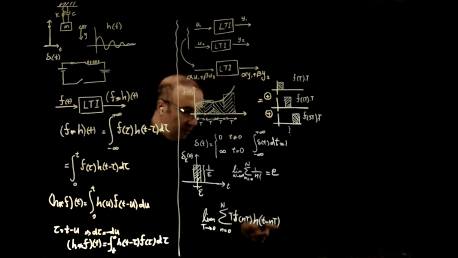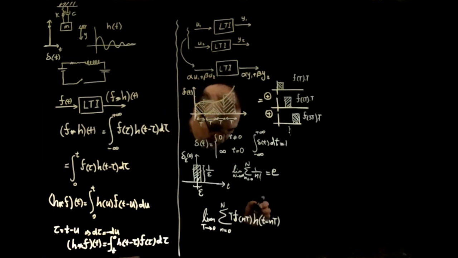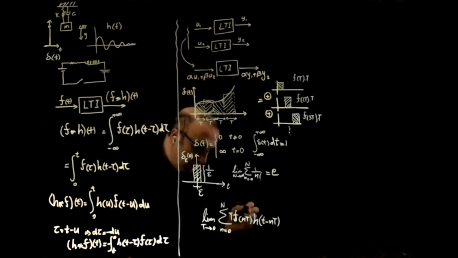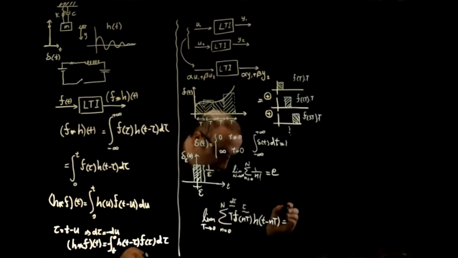And then this is a Riemann integral. We can think about this as, we can make this tau and this d tau. Then this is a Riemann integral.